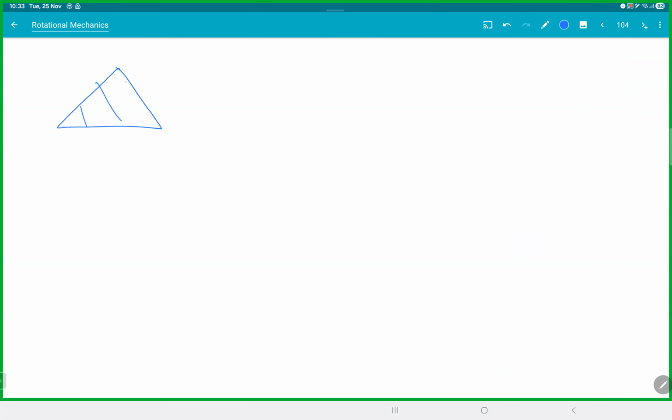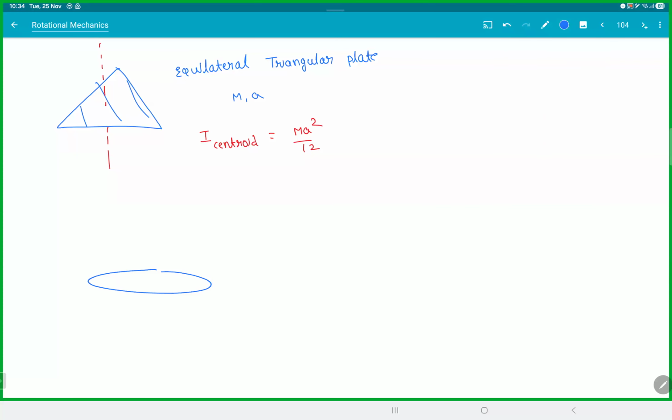Then we write this thing now, equilateral plate: ma square by 12. Now again, these shapes mostly they shouldn't touch, but let's say we got a ring.